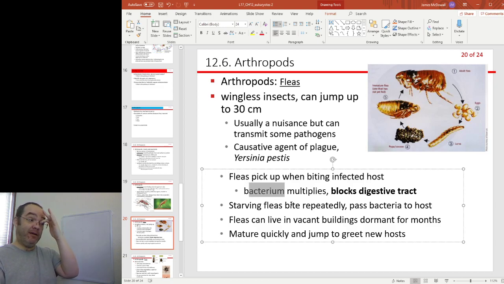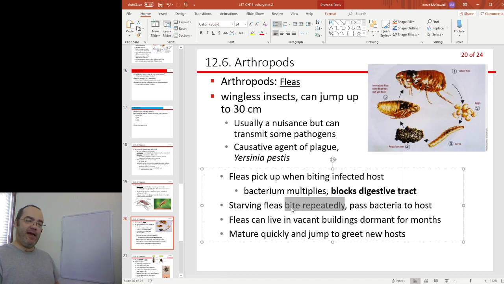Clever for the bacteria, very bad for the flea, and also bad for the thing the flea is biting. The bacteria gets into the digestive tract of the flea and multiplies to very large amounts. Through this multiplication, it blocks the flea's digestive tract. Oops. So the flea begins to starve because its digestive tract is blocked.